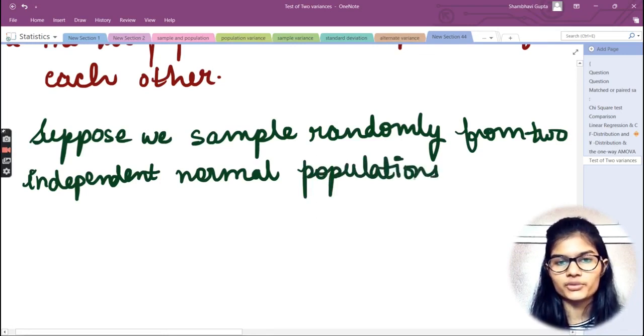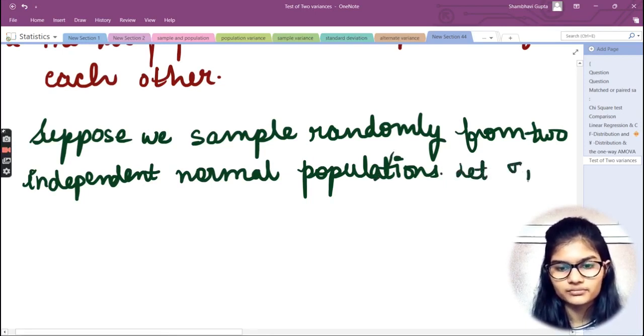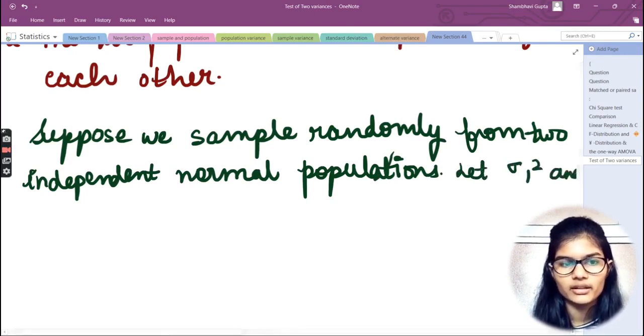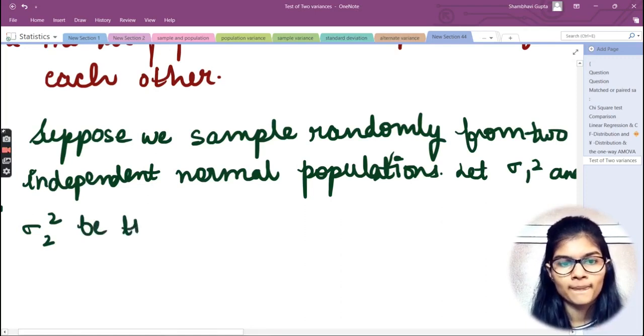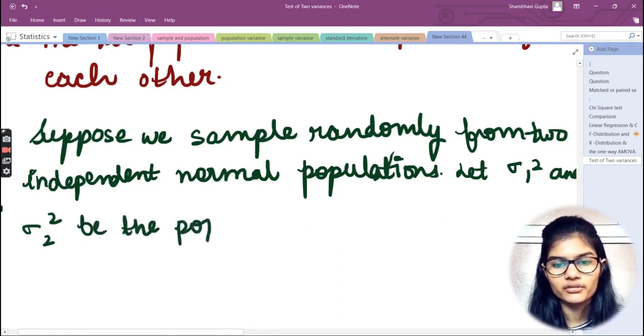Let sigma 1 squared and sigma 2 squared be the population variances.